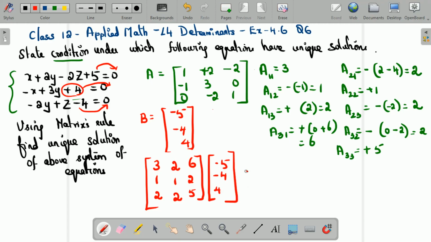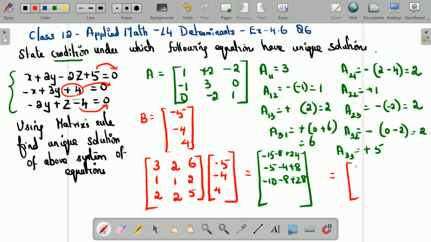On multiplication, you're going to get -15, -8 plus 24. Then -5, -4 plus 8. Then -10, -8 plus 28. So let's simplify this matrix. This is going to be equal to 1, -1, and 2.